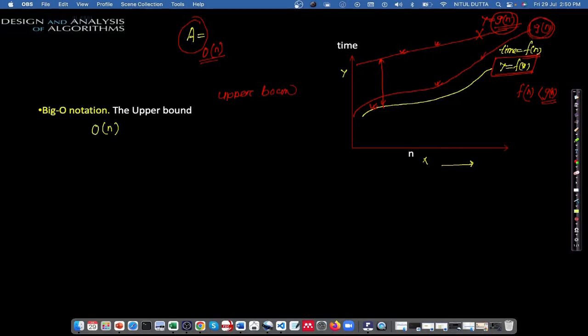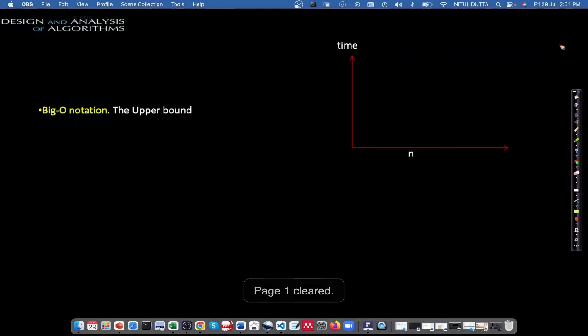But practically, when we talk about the big O notation, the upper bound of any algorithm, it is not exactly what we have represented just now. It is represented in a more mathematical way. In reality, the function f(n) does not grow as we have seen just now.